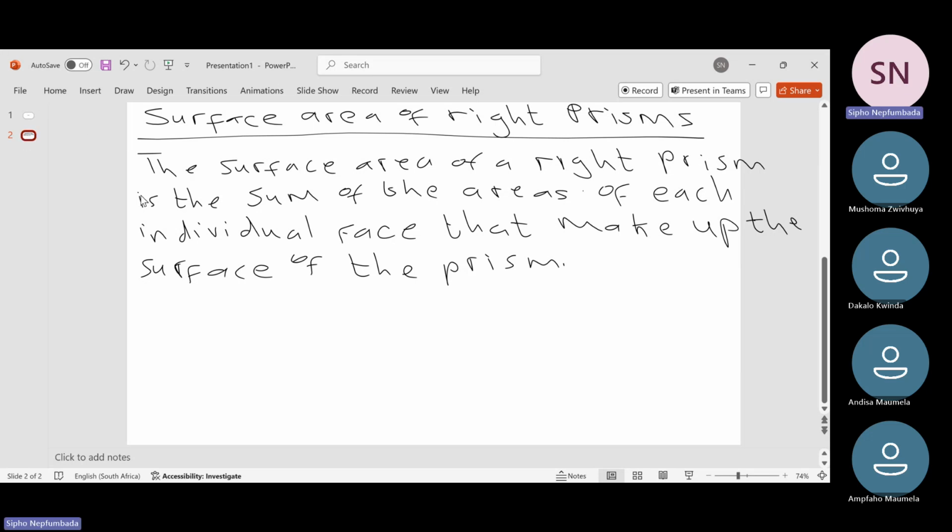Did you understand what I have written so that we can proceed and go to the diagram so that we don't waste much time? Can we proceed? Yes. Okay.